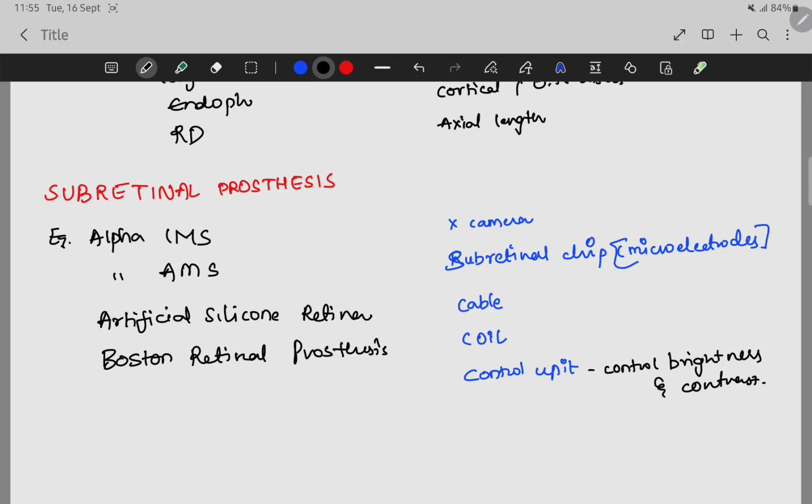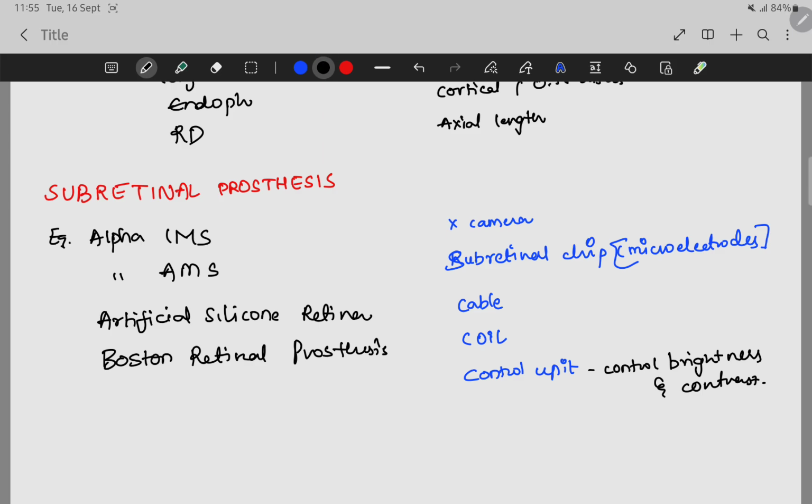So what it does is it replaces the functionality of the retina, thus causing multiple images per second. So it stimulates based on what the eye is seeing, but the number of impulses is more.